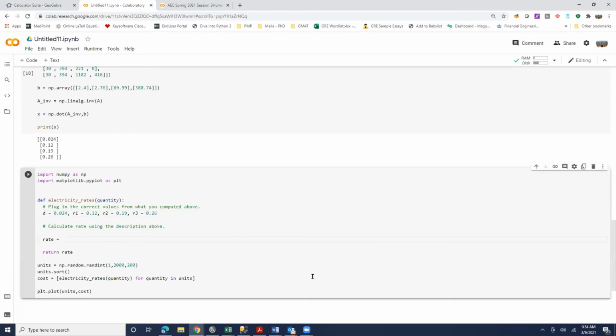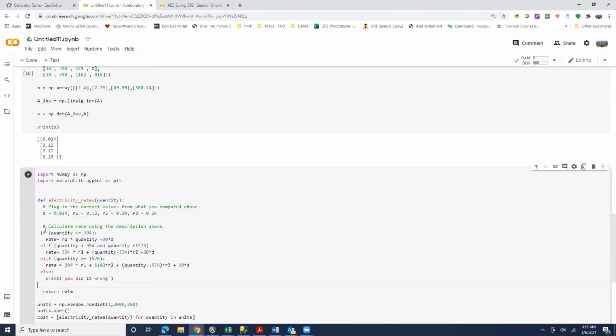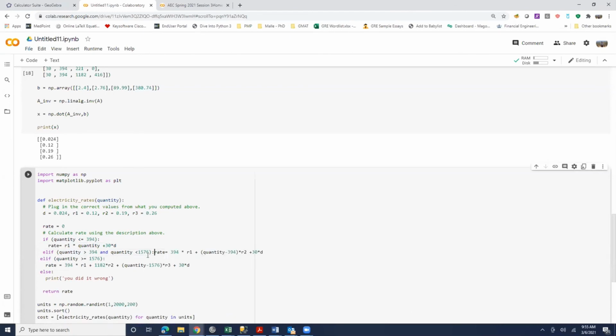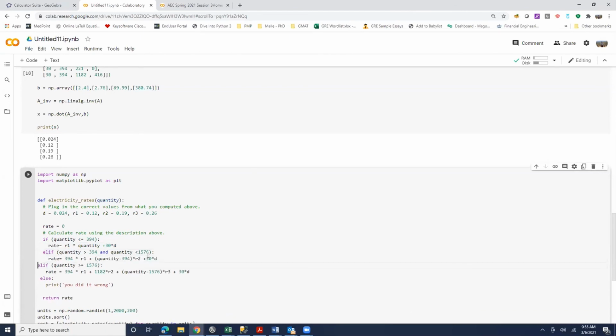Okay, let's copy this one. Indentation. Okay, R1 times quantity. Can probably do this.